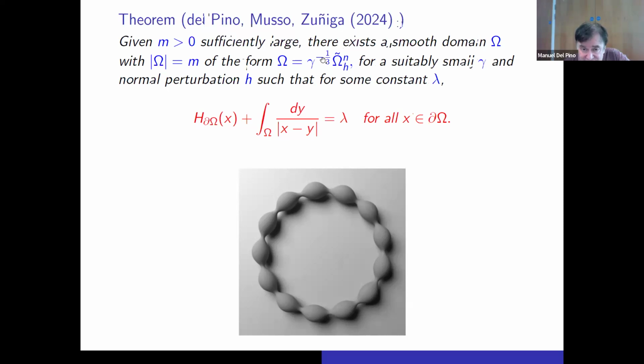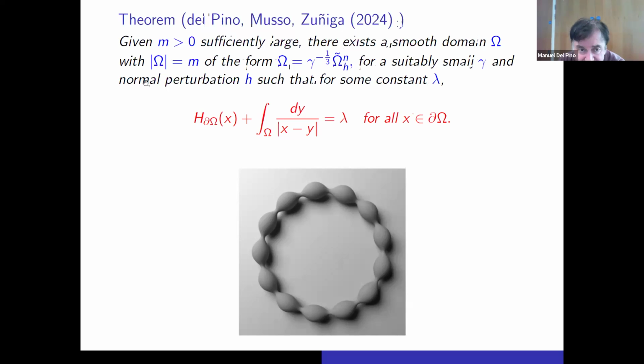It's gamma to the negative 1/3, where gamma is small, multiplied by this region omega tilde NH. What we state is that there exists a solution of this form, a small perturbation of omega tilde N, multiplied by a suitable scalar gamma, in such a way that this thing here holds.